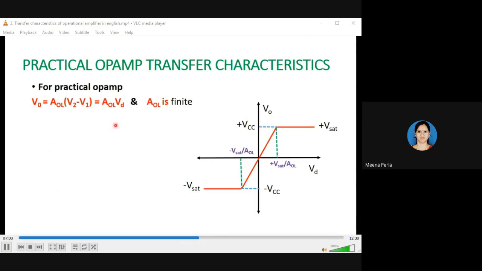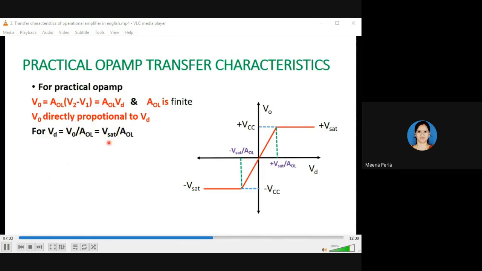Now from this equation we are going to find out the differential voltage Vd. We can see that if output voltage is equal to AOL into Vd, because AOL is constant, output voltage is directly proportional to the input differential voltage Vd. Then if we find the Vd value from this equation, we get V0 upon AOL, and the maximum voltage of V0 will be plus VCC only.